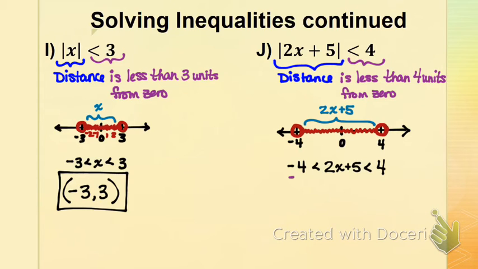I'm going to subtract 5 from all sides. So I would have -9 is less than 2x is less than -1. And then we're going to divide everybody by 2.